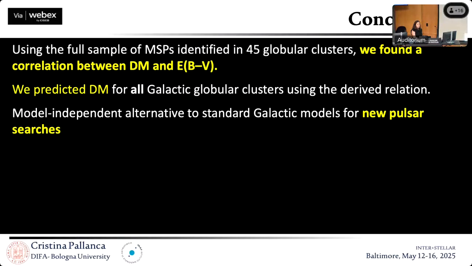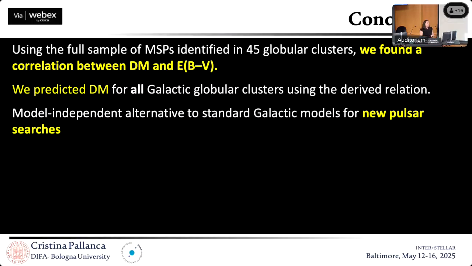And so to conclude, we checked that the available galactic models are not able to reproduce in much detail some substructure, especially toward the galactic bulge. And we propose a new simple method to have a dispersion measure first guess that is very helpful for the search of new pulsars in globular clusters, which we are newly investigating.